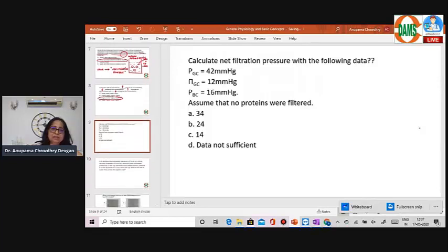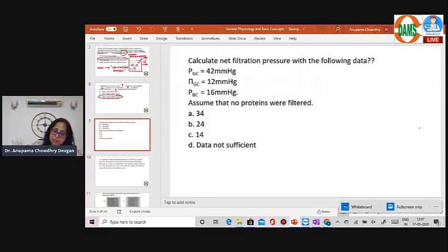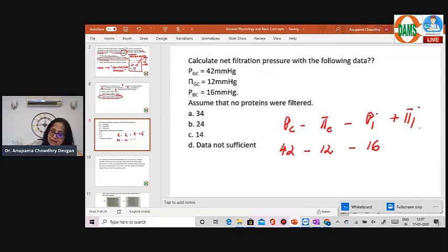Net filtration pressure should not be a problem. This is PC minus pi C minus Pi plus pi I. PC here is given as 42. Pi C is given as 12. Pi is given as 16 and pi I is 0. No proteins are filtered. Now in this case, it is of course for the kidney, right?